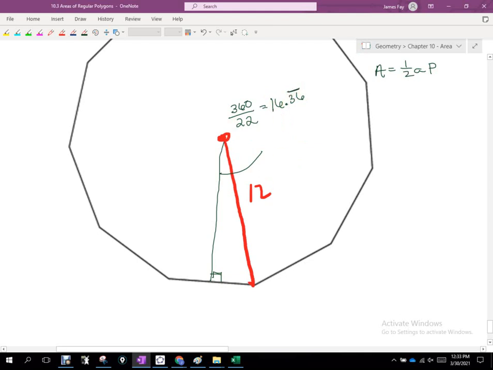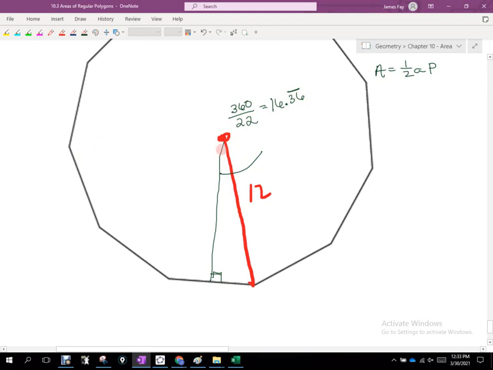If I didn't want to approximate, which I never do, that's 16.36 degrees. But I could keep it as 360 over 22 or 180 over 11 degrees. Does that make sense? I could actually use the fraction if I wanted to. Maybe we'll see what degree of error is created by rounding this, and see if it's a big deal.